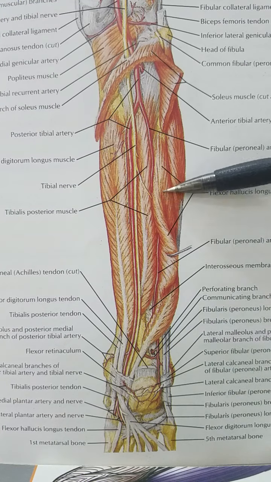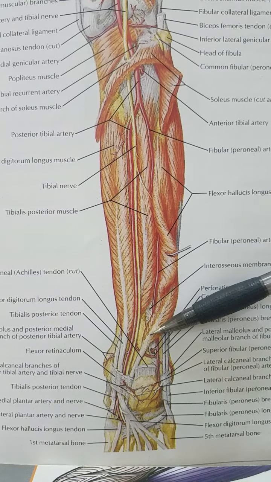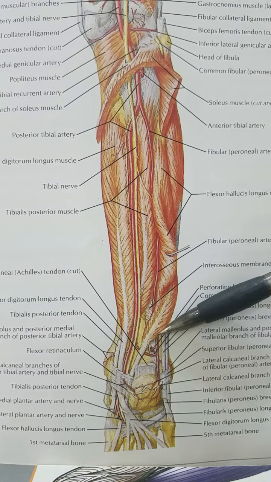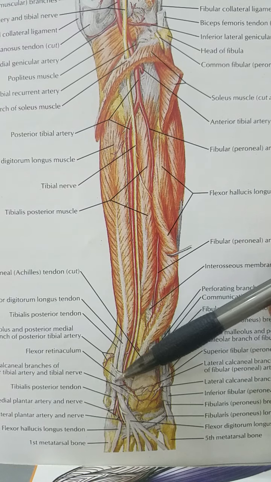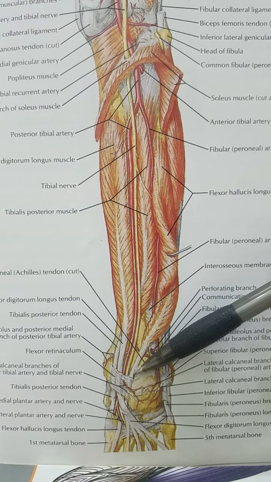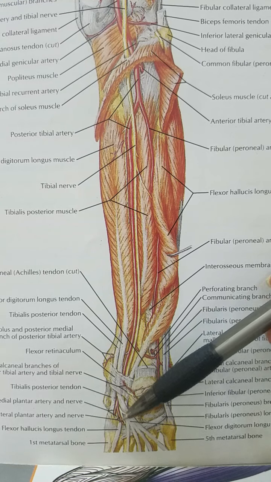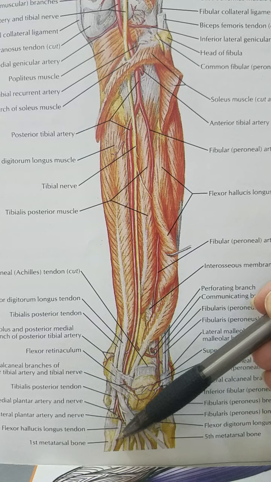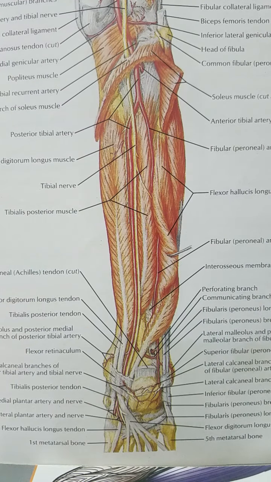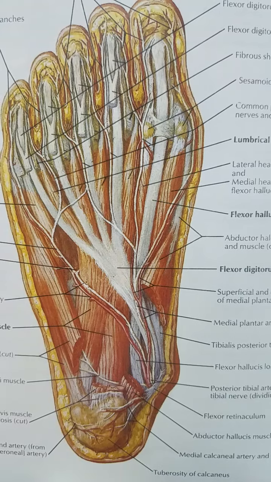The tendon of the Flexor Hallucis Longus then passes underneath the flexor retinaculum. This is the flexor retinaculum. So the tendon passes here, and you can see it here. From here, it's going to travel all the way down to the base of the distal phalanx of the toe.